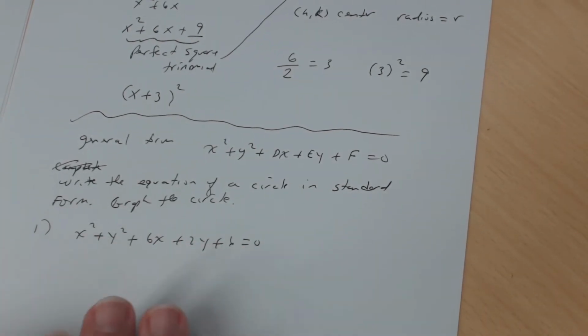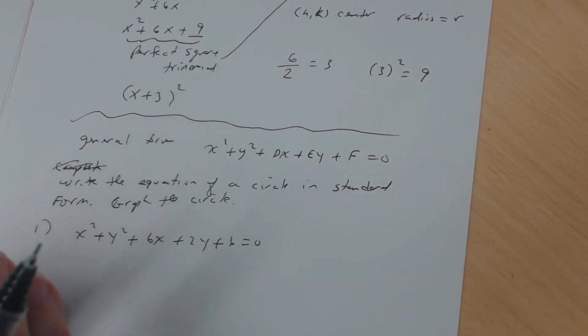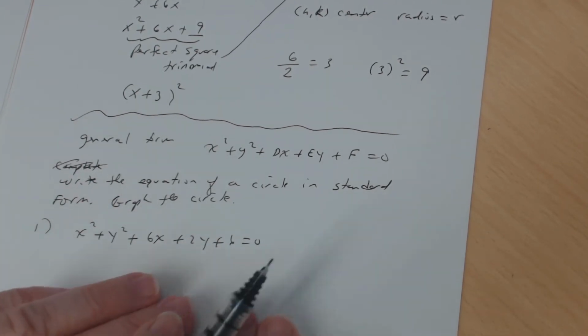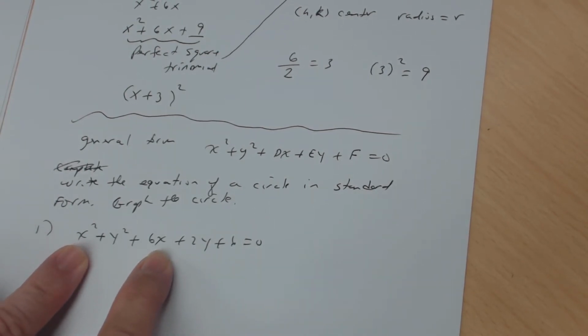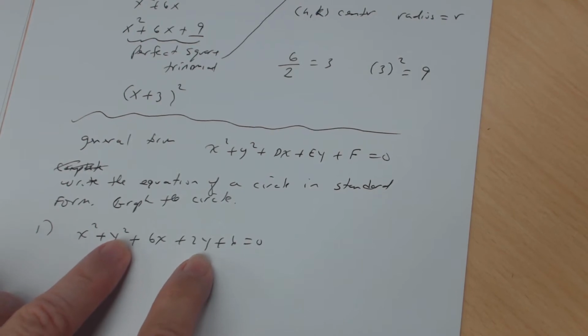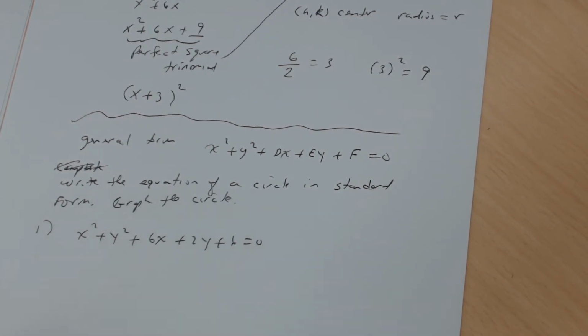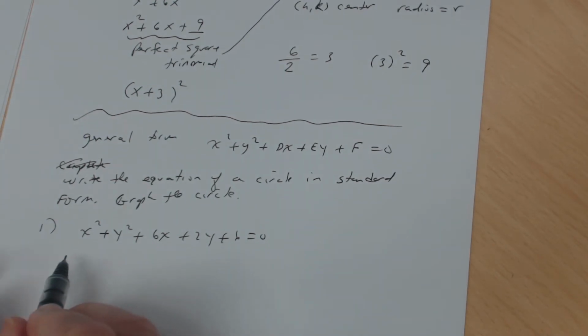So what you want to do is put all the x's together, put all the y's together, and bring the constant to the other side. So here's the first step.